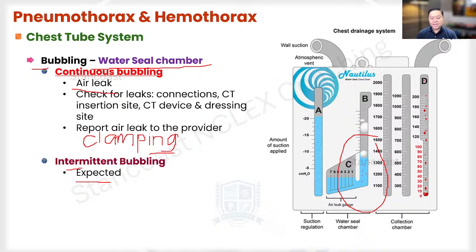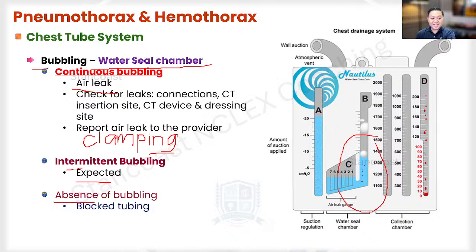All right. However, though, if there is now absence of bubbling, that is another thing. Okay, so please pay attention. Absence of bubbling can mean something. So what is that? It could be a blocked tubing, especially during the acute phase, right after the insertion.